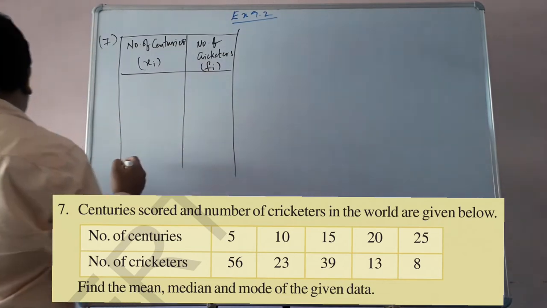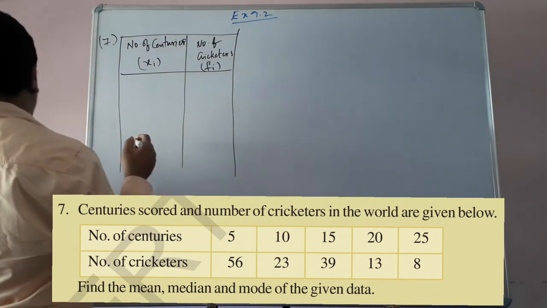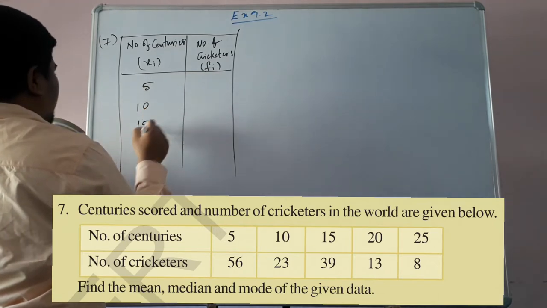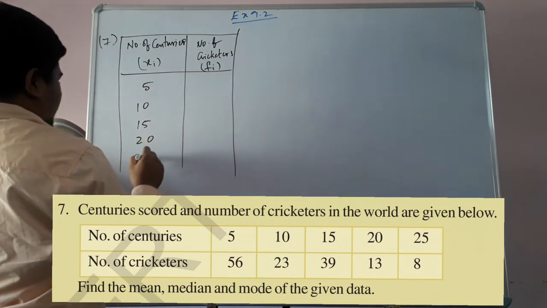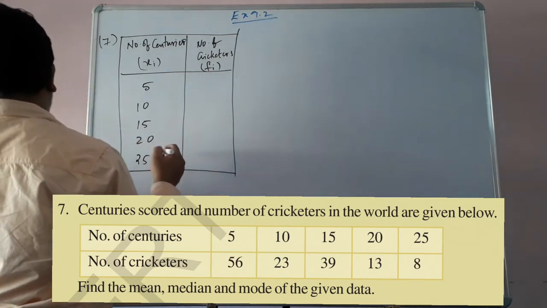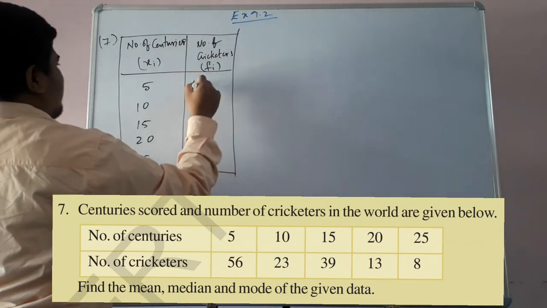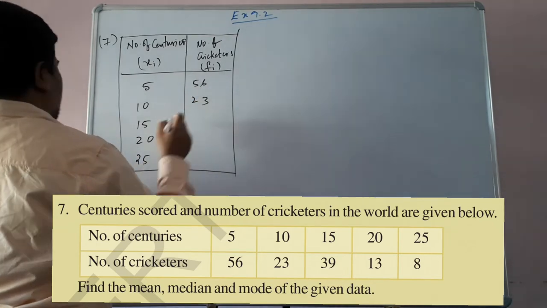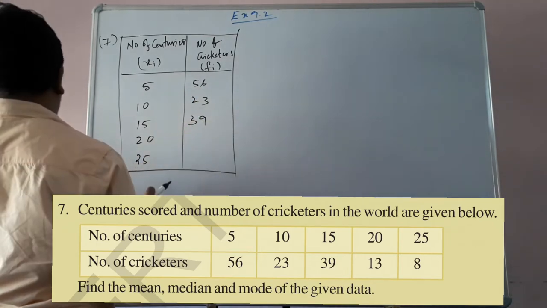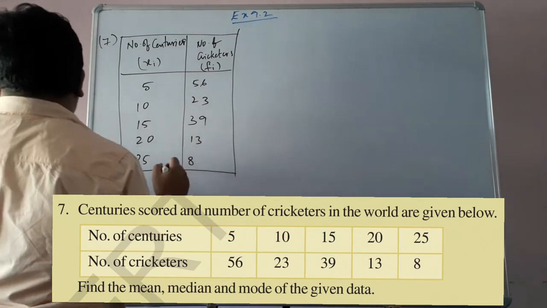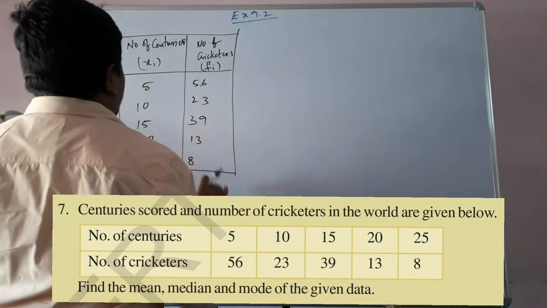So number of centuries are 5, 10, 15, 20, 25, and number of cricketers are 56, 23, 39, 13 and 8. These are the fi values.